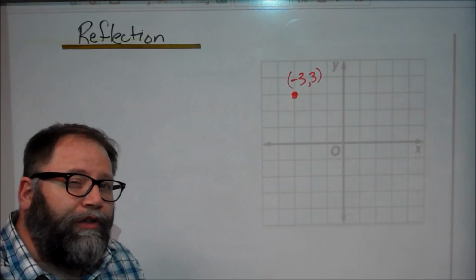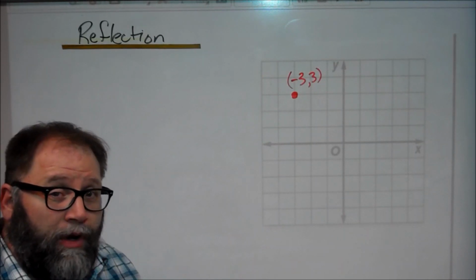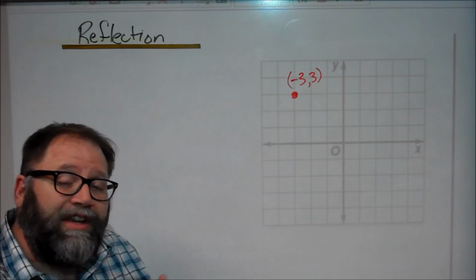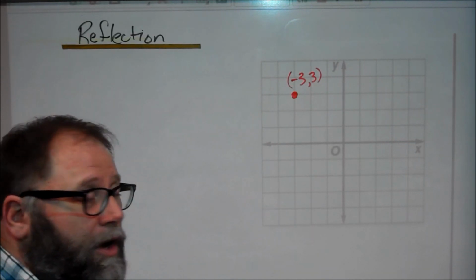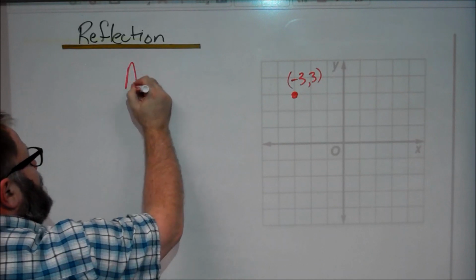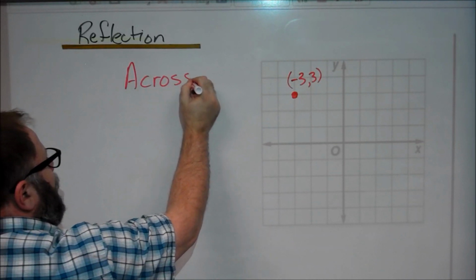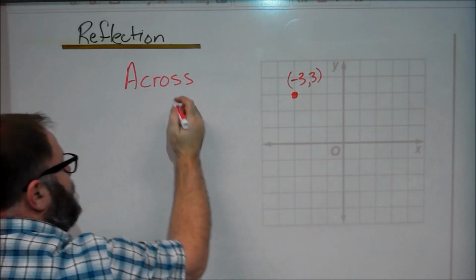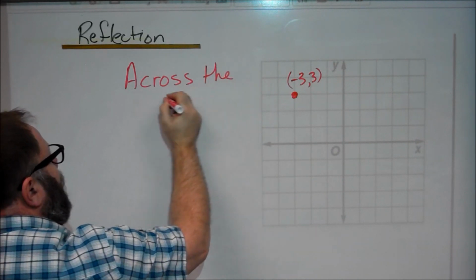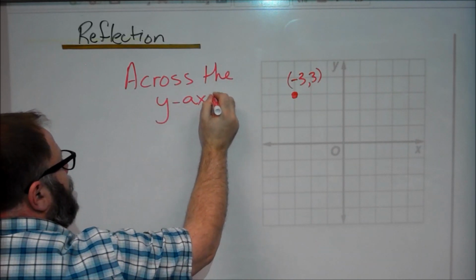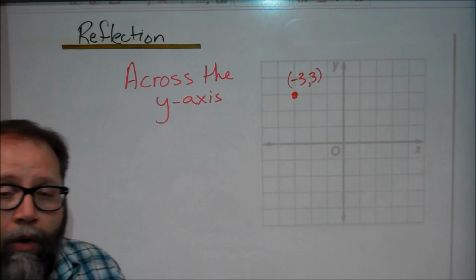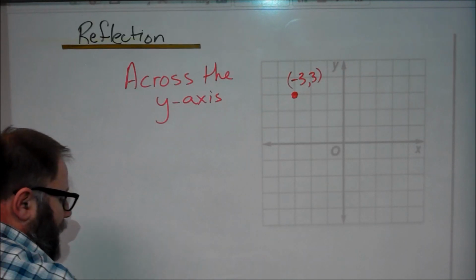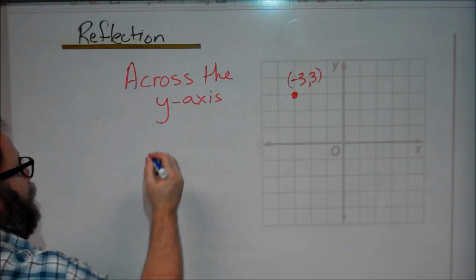So if we're doing reflections now, we're at the 8th grade level now, we don't necessarily have to do the counting. The counting is always going to be there for us. But what we do know is that if we are going to go across one of our major axes, so if we're going across the y-axis, I know what I want to do with my ordered pair.